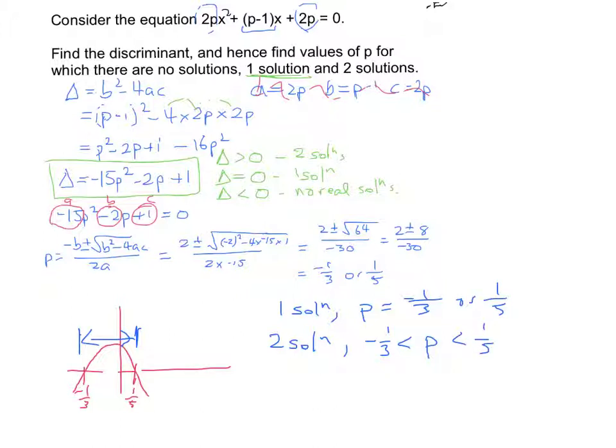And when we're looking at no solutions, we're looking for this bit back here and this bit back here. So when there's no solutions, we're looking for when p is less than negative a third and when p is greater than 1/5. And that's the end of that question there.